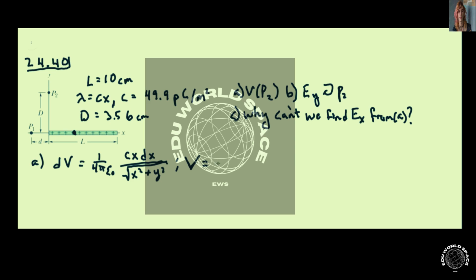So here we have the integral of this. So we'll have c over 4 pi epsilon naught times the integral from 0 to L of x over the square root of x squared plus y squared dx.